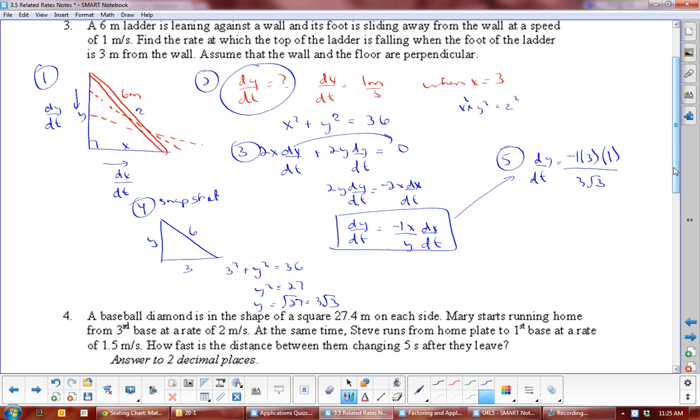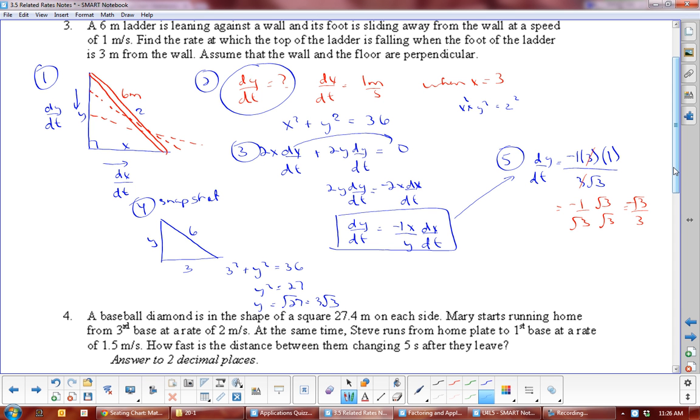Okay, these 3's will cancel, leaving me with negative 1 over root 3. And just to be consistent with Math 32, let's get rid of the radical in the bottom. And this would give me negative root 3 over 3.